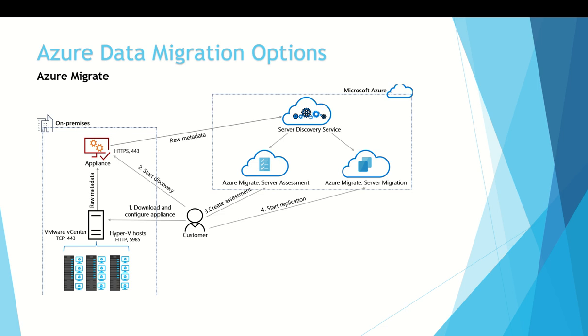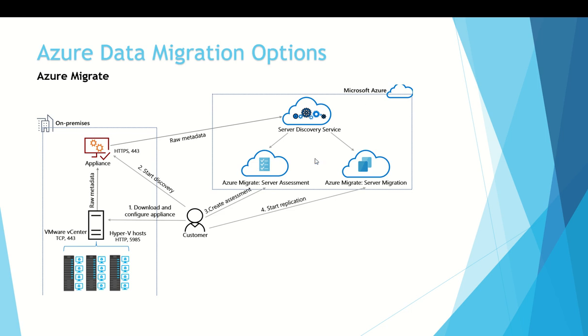We will be working on these tools when we do labs. In this picture you can see the on-prem data center and this is Azure. We are using a vCenter here, with VMware hypervisors. Using the Azure Migrate tool, we will be migrating our VMs or data to the Azure cloud.